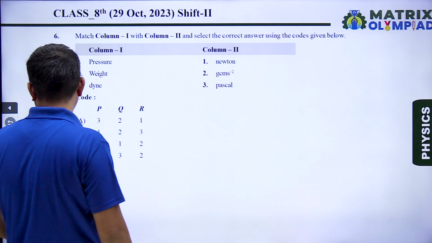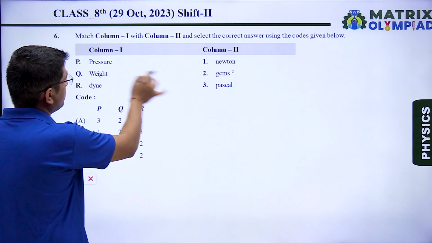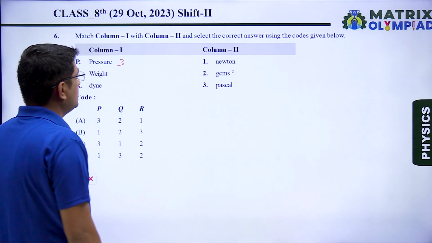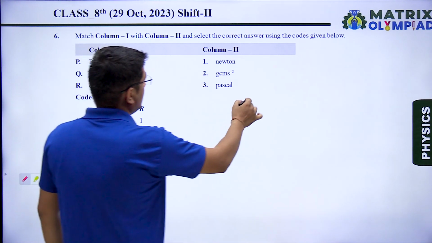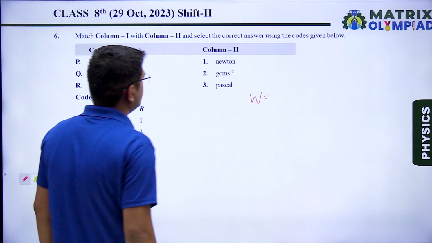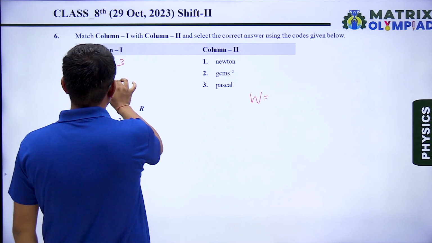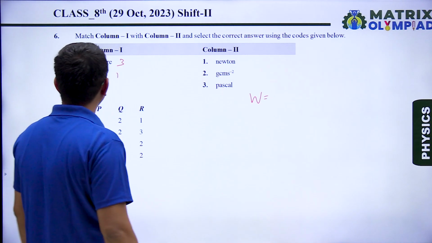Question number 6. We have to match column 1 with column 2. Pressure, we know that the unit of pressure is Pascal, so I am writing it here 3. Weight, okay. So for weight, we can see here weight W. Weight is a type of force and the unit of weight force is Newton, so I am writing it here 1.